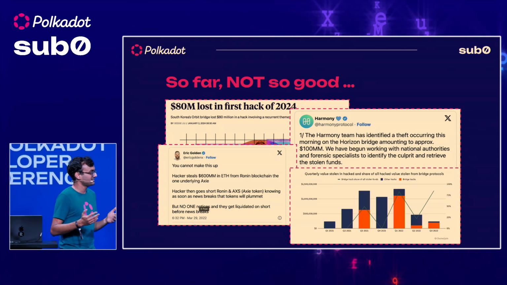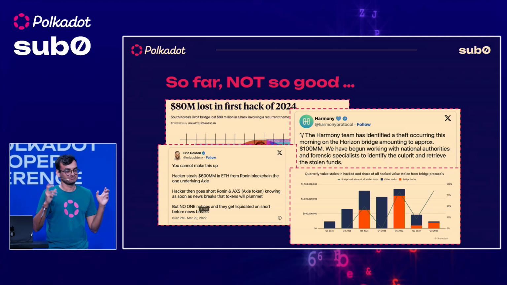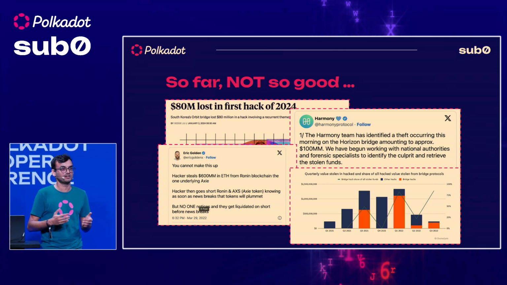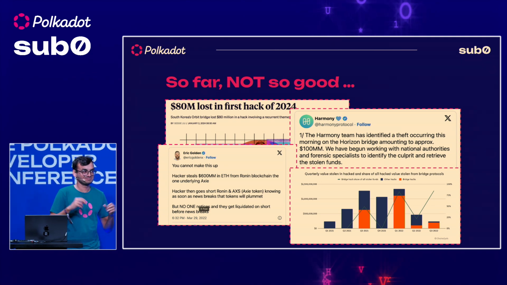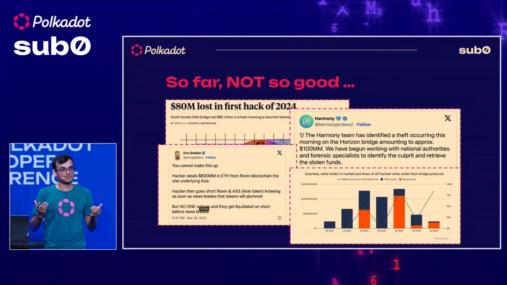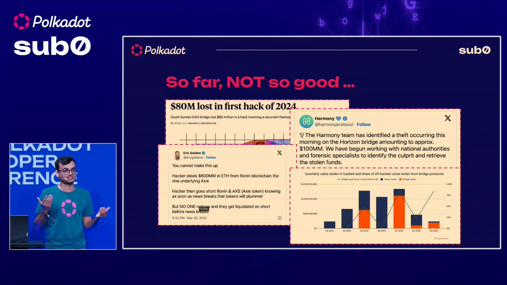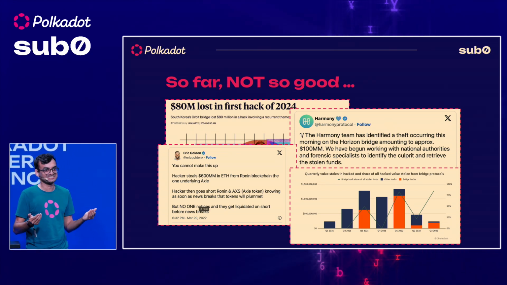There have been studies which estimate that more than half of all blockchain hacks are related somehow to bridges. And this brings back a phrase in security which says that security is as strong as its weakest link. And clearly, trusted bridges are that weak link.